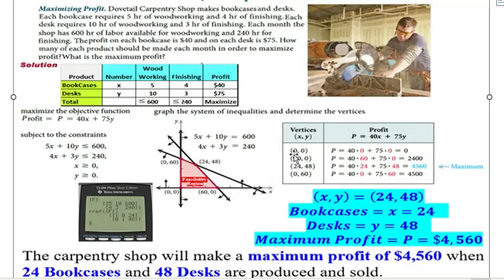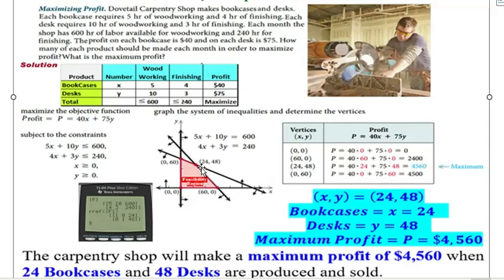So first evaluate it at 0, 0. Profit equals 40 times 0 plus 75 times 0, that is 0. Then evaluated at 60, 0, at this point, profit equals 40 times 60 plus 75 times 0, which is 2400.